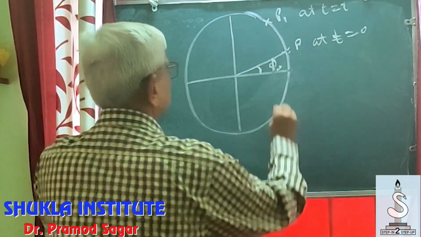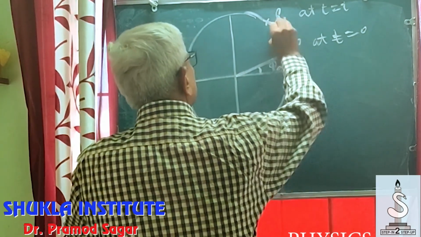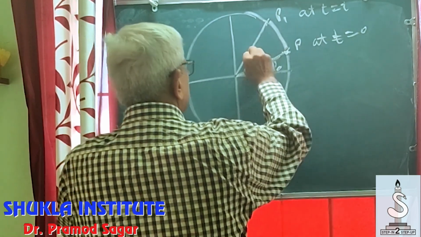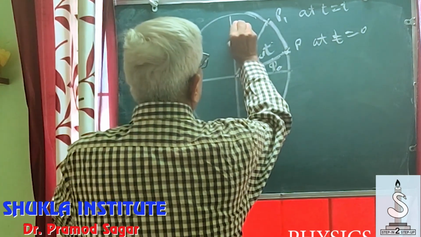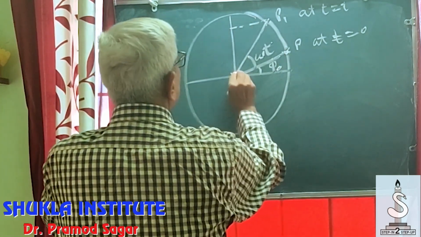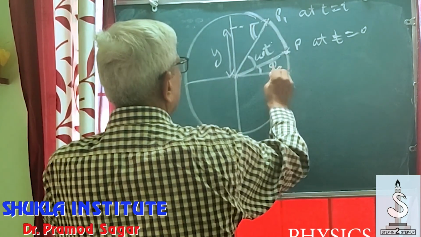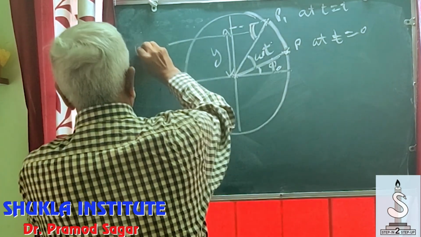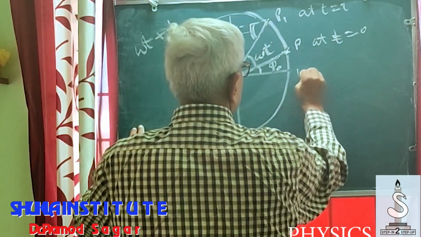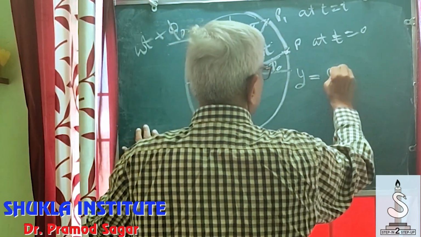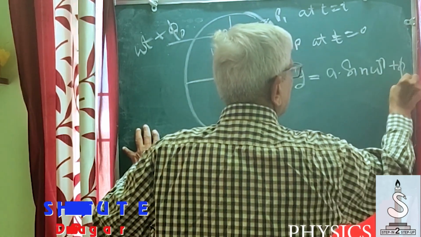So it is from here now it moves to this position, and it covers this much angle as omega t. Our displacement has got to be measured from here, that is y, and this total angle will be omega t plus phi naught, and therefore the equation would now be y is equal to a sine (omega t plus phi naught).